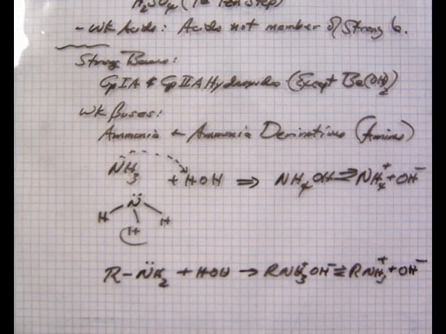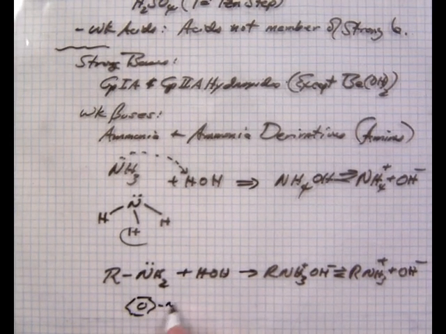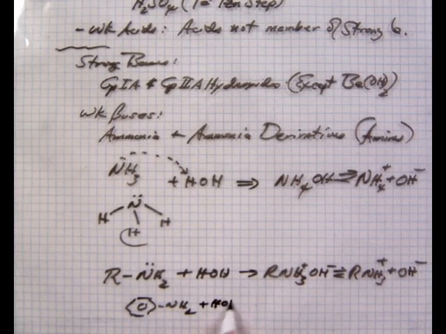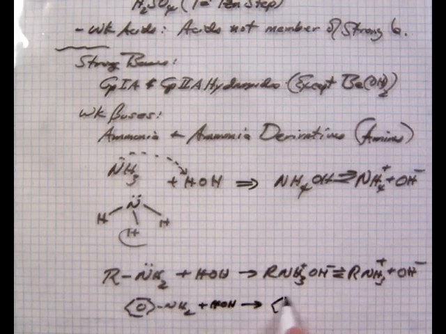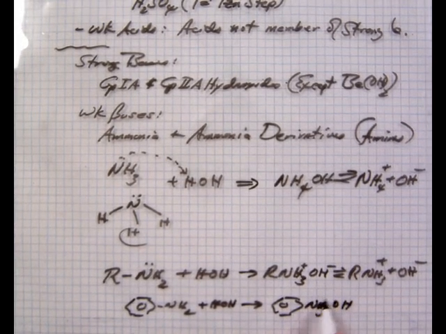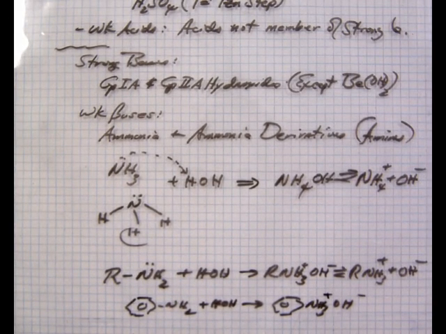Right, so the R value can be any kind of weird structure, ring structure, like that, and you put it in water, it'll go to this. That's aniline and anilinium hydroxide.